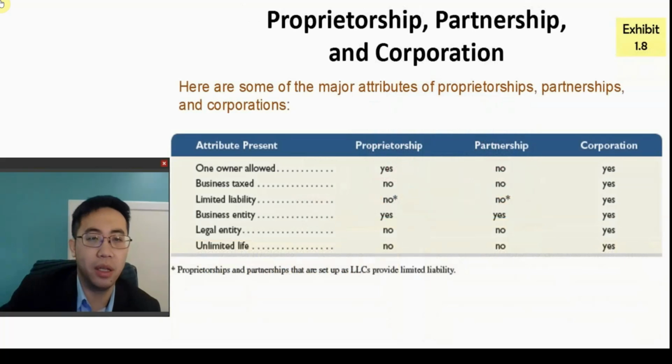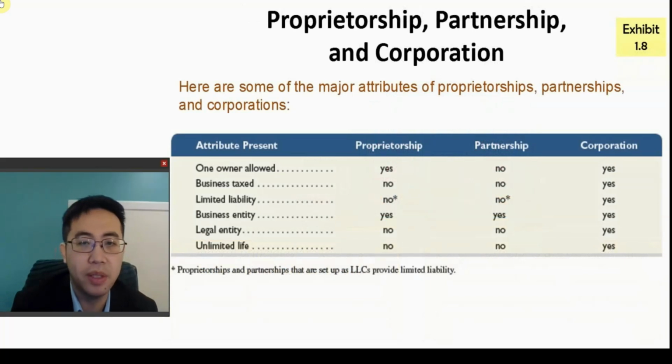Now, let's talk about the general types of businesses in the United States. Actually, there are four major characteristics. One is proprietorship, and another is a partnership, and corporation. The third, which the textbook did not mention, is called a limited liability partnership or limited liability company, LLP or LLC.